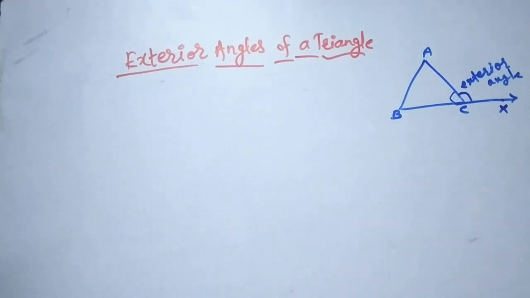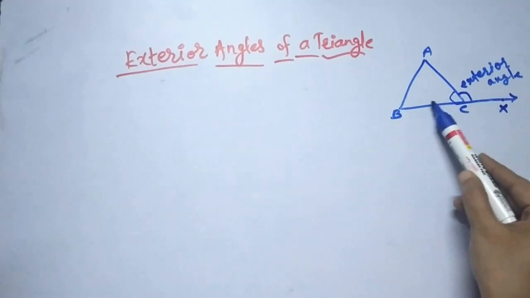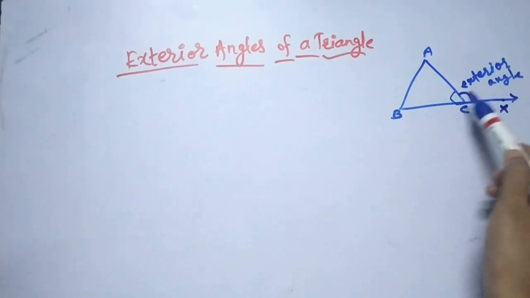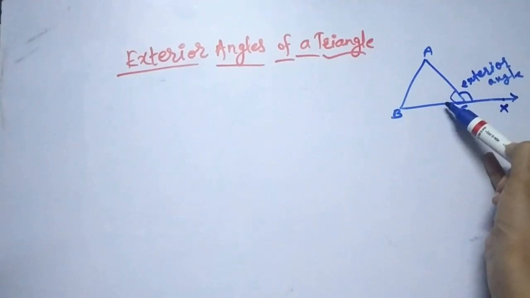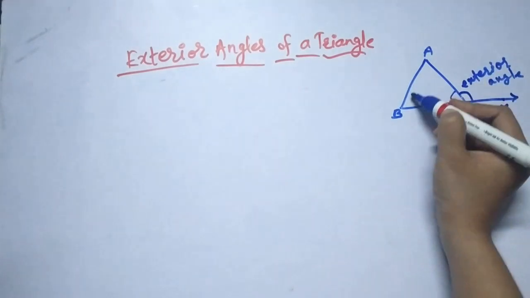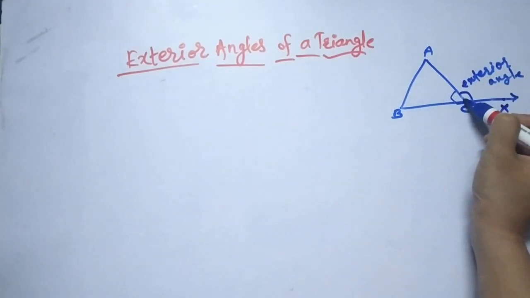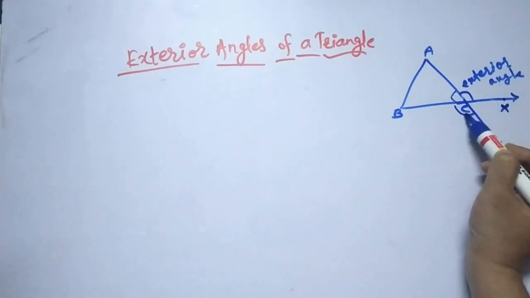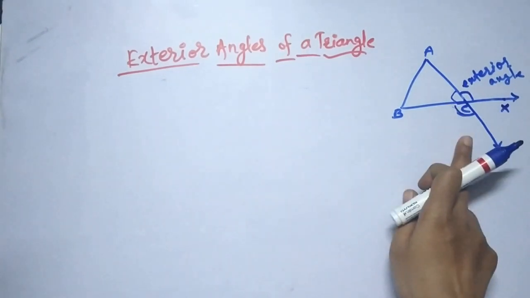An exterior angle is formed by producing any one side of the triangle, and the other arm is the triangle side itself. For example, I will produce this side AC in this direction. So friends, here also one more angle is forming. This is also an exterior angle.